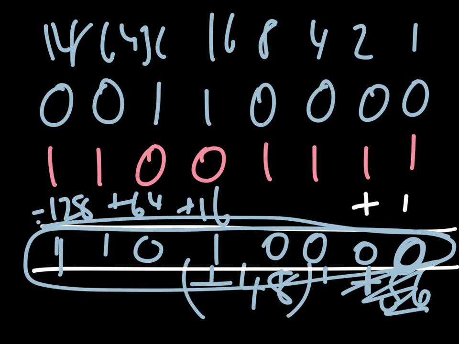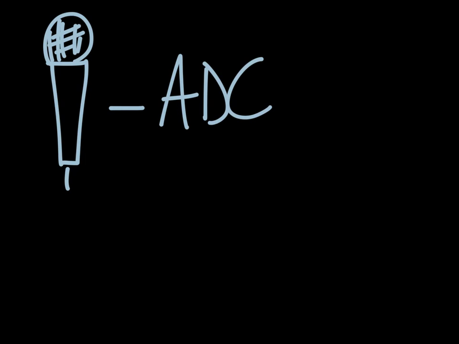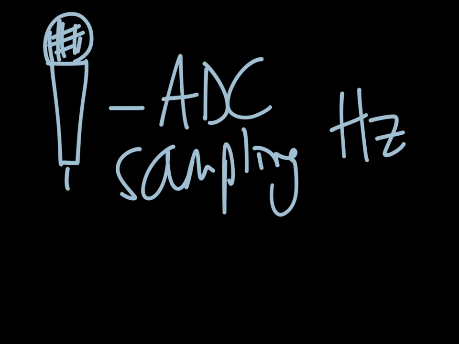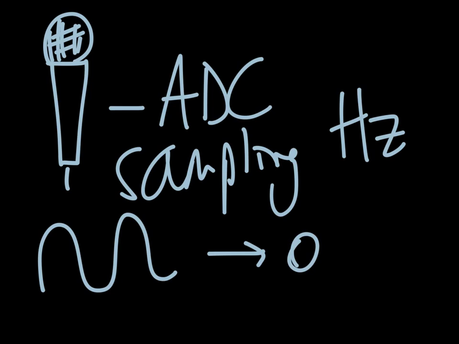The trick for most people is how sound is stored in digital devices. Now remember, we have a microphone, and there's a nice drawing of a microphone, which involves an analog to digital converter, which is repeatedly sampling, which is measured in hertz, and it's converting the analog signal to its equivalent binary value.